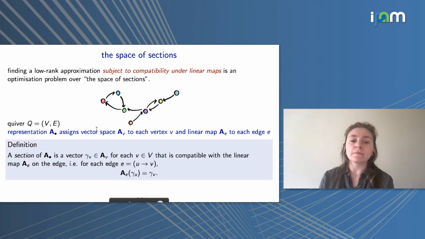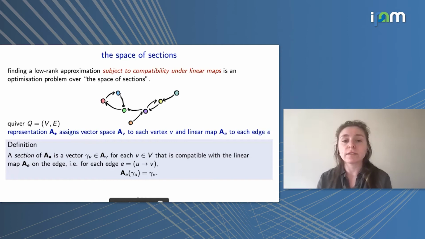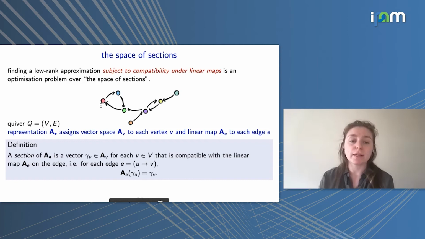So for each edge E that goes from U to V, so for example, let's say this is U and this is V, then I have my section restricted to this vector space, which is gamma U, and the section restricted to this vector space, which is gamma V. And I want it to be the case that when I apply the linear map on the edge to gamma U, I get gamma V. So I can move the section around the quiver under the maps given by the representation, and I'll always get the part of the section that was in that next vertex.